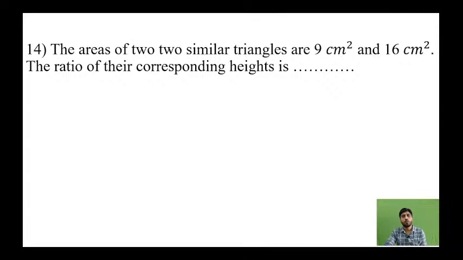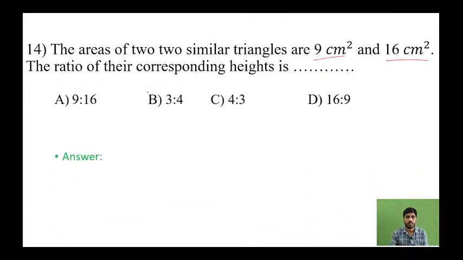The areas of two similar triangles are 9 centimeter square and 16 centimeter square. The ratio of their corresponding heights we have to find. Again, we know the formula: the ratio of the areas of any two triangles will be equal to the ratio of squares of their corresponding sides, where height is given.